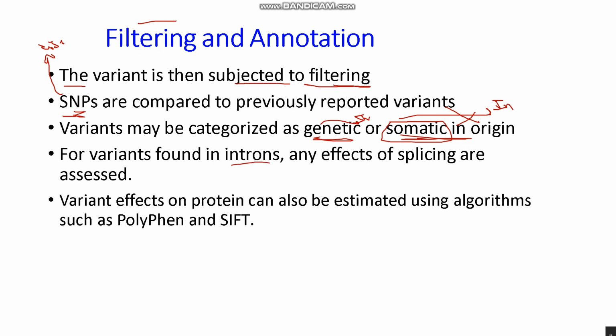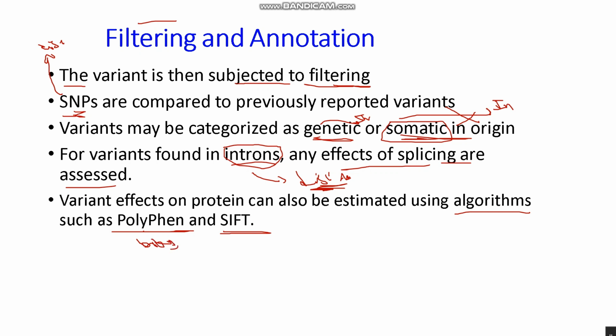For variants in introns, any effects on splicing may be changes in the introns that don't cause any clinical variations, and these are also filtered out. All of that is done using the PolyPhen and SIFT bioinformatics tools.